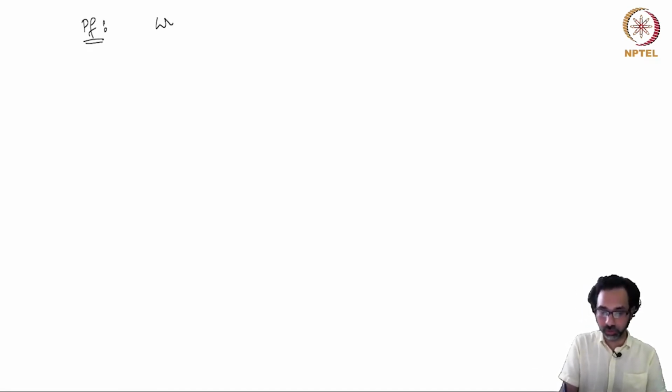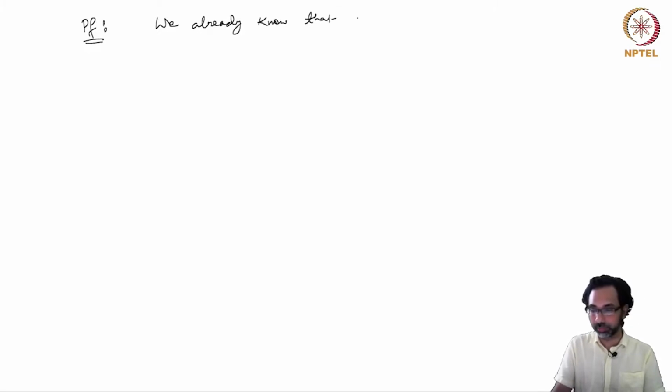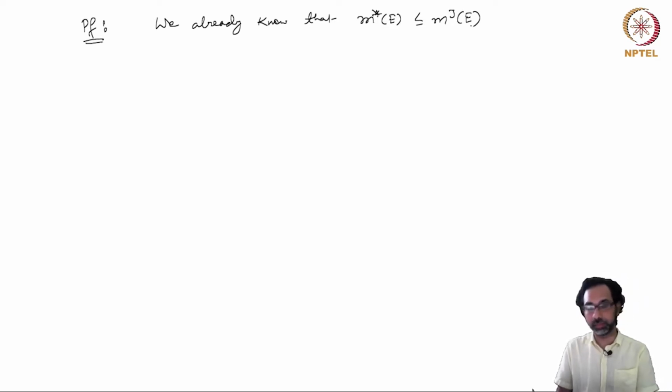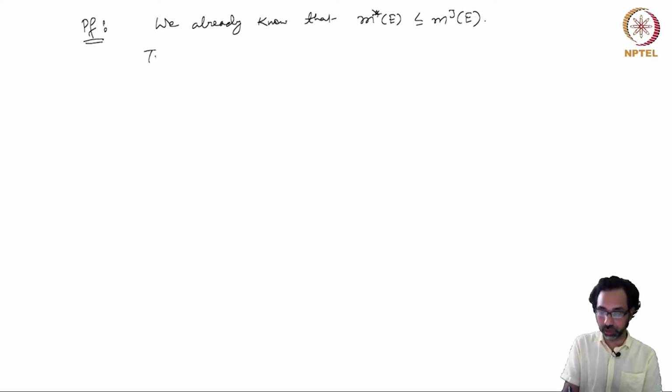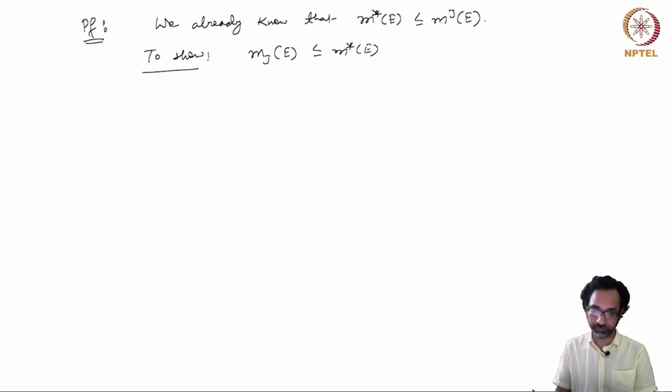So we already know that m*(E) is bounded above by the Jordan outer measure. So we have to show that the Jordan inner measure is bounded above by the Lebesgue outer measure.